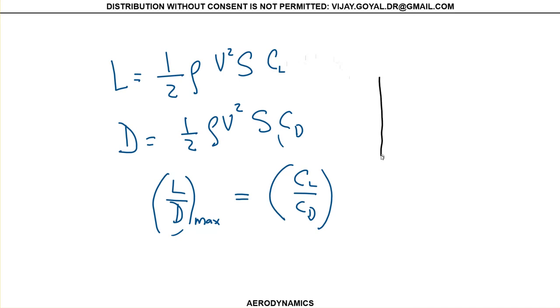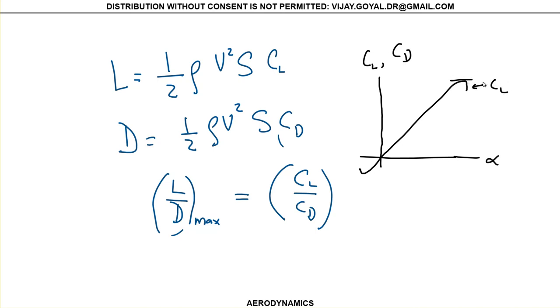So if you look at the plot itself, your plot of CL, coefficient of lift, against your angle of attack, lift and drag. So your coefficient of lift looks something like this. Okay, so this is CL, and this will be CL max.